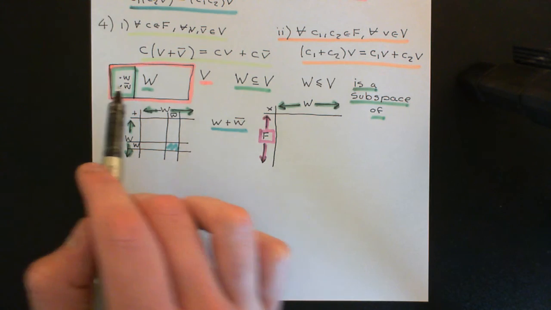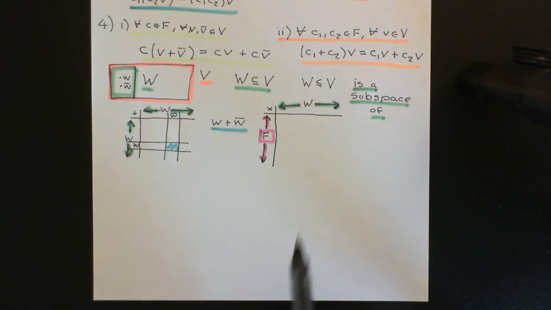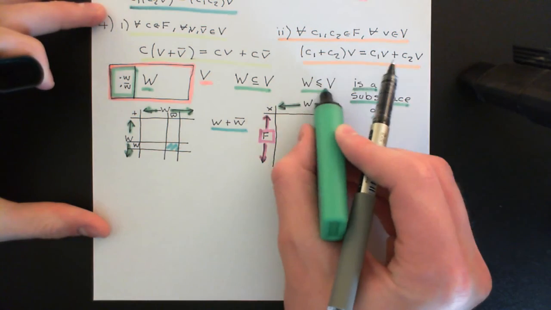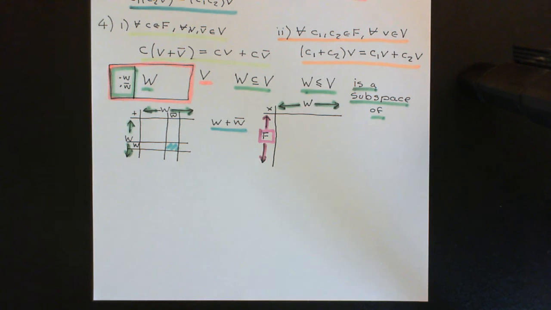Therefore, W can be viewed as a subgroup of V, so that's why the notation is probably so similar. Okay, so this is how we will be writing W is a subspace of V, but as I say, you'll have trouble finding a textbook using this notation because it's not absolutely formal. Okay, but everyone will know what you mean if you write W is less than or equal to V.